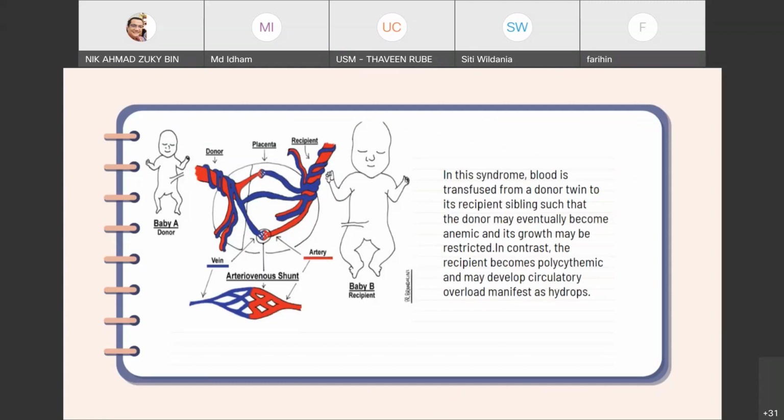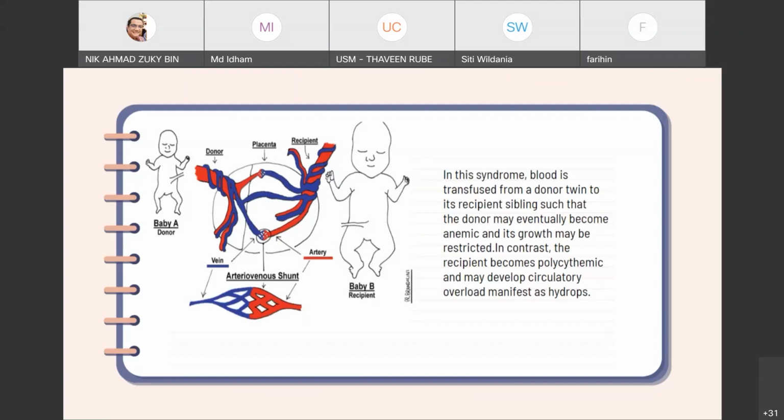It doesn't mean that baby A receives the blood and gives it back to baby B. The things occur at the placenta before reaching both fetuses, so there is an unequal distribution of blood between the two fetuses. The blood that goes to baby A is small in amount compared to the blood that goes to baby B, because of the anastomosis at the placenta. So the distribution is unequal.